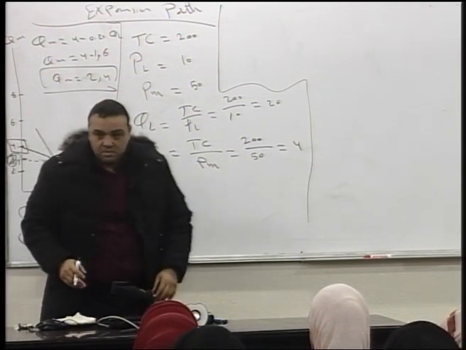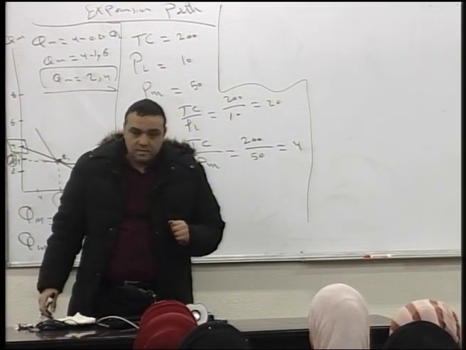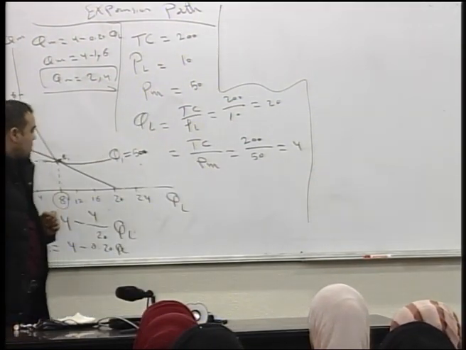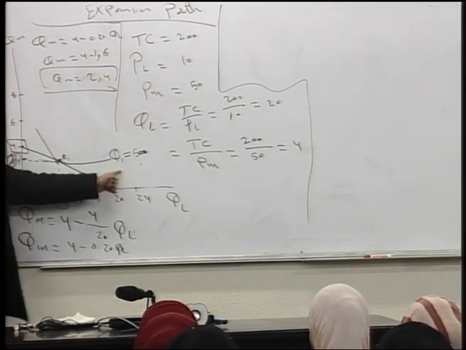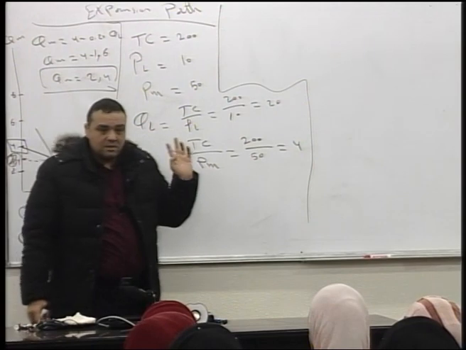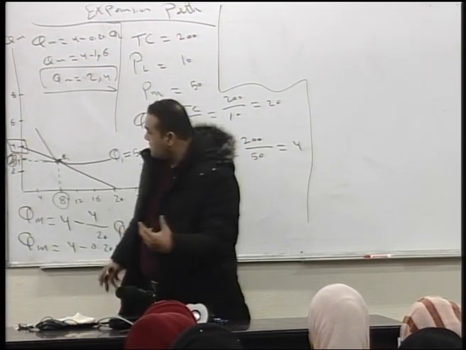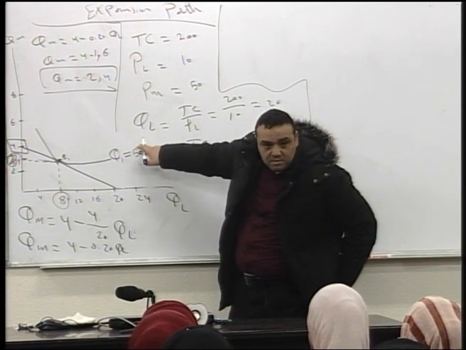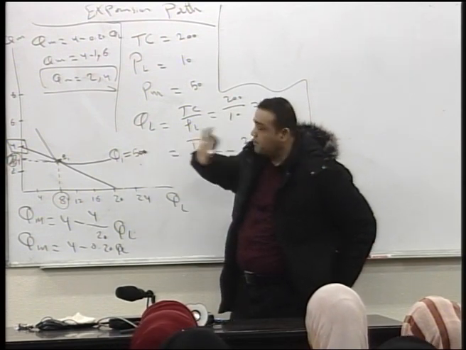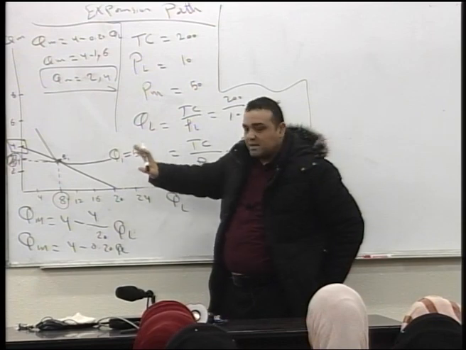Let us assume this. This here is an assumption, that at this point at equilibrium we produce 500 chairs. All right?